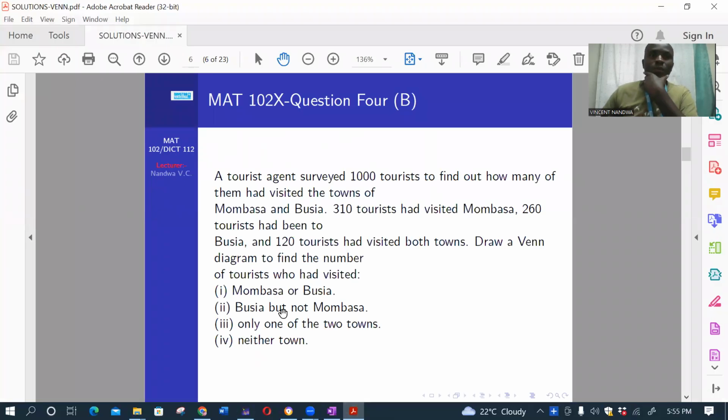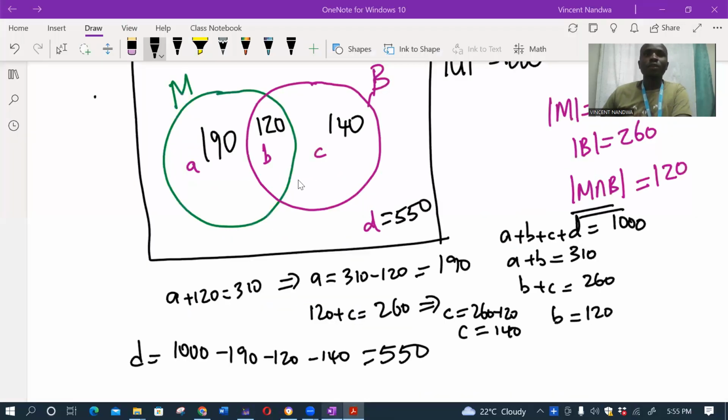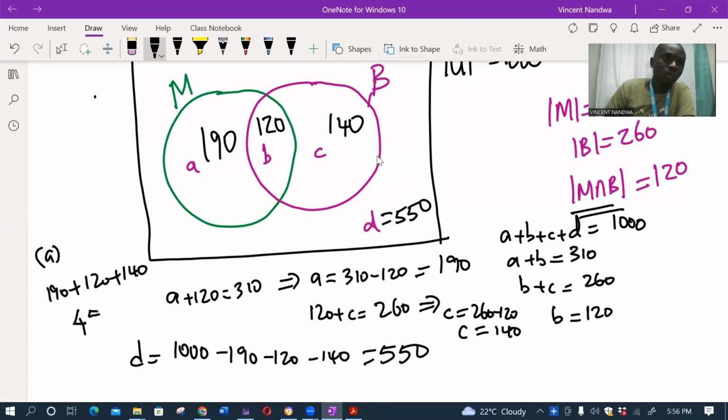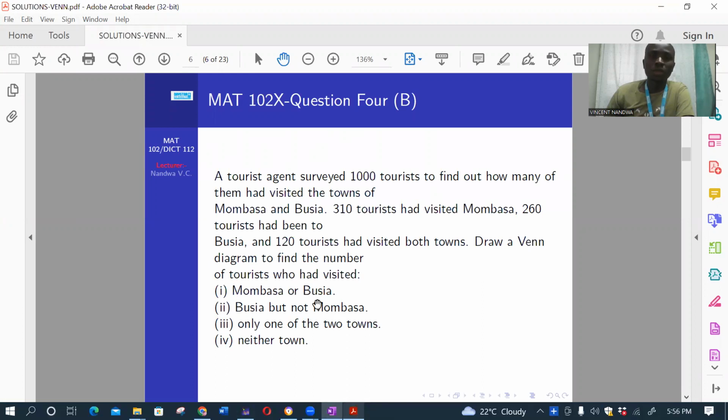Tourists who had visited Mombasa or Busia means you are either in any of these two circles or both the circles. So it will be 190 plus 120 plus 140. And when you add, you get 450. So 450 tourists had visited Mombasa or Busia.